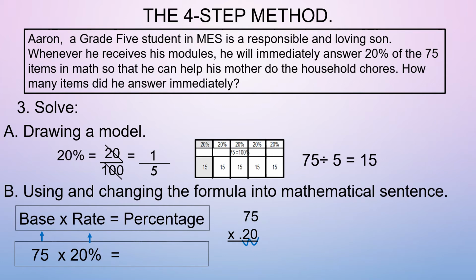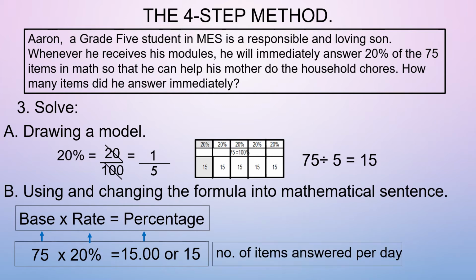So 75 times 20 hundredths equals 15. And 15 is the percentage. And this is the number of items that Aaron answered per day.